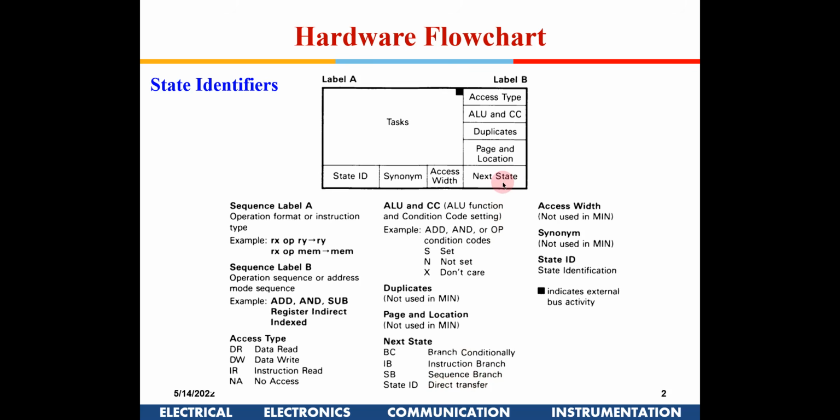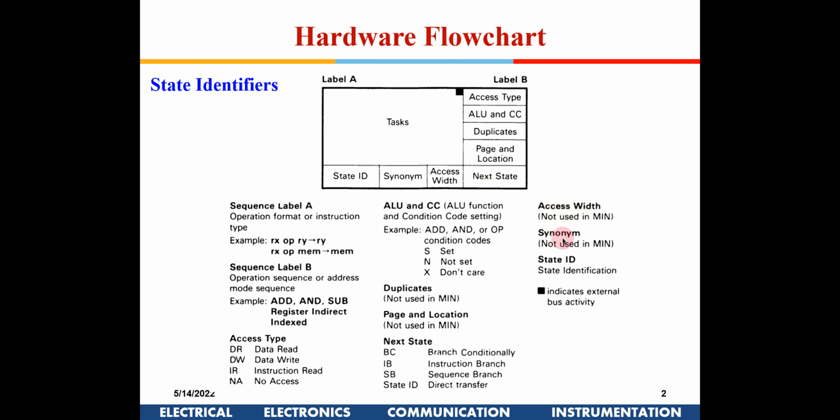And if you are going to have an unconditional jump, where after executing that particular task the program has to jump to a specific location, in that case we write direct transfer. These things will be clear as we take a few more examples.